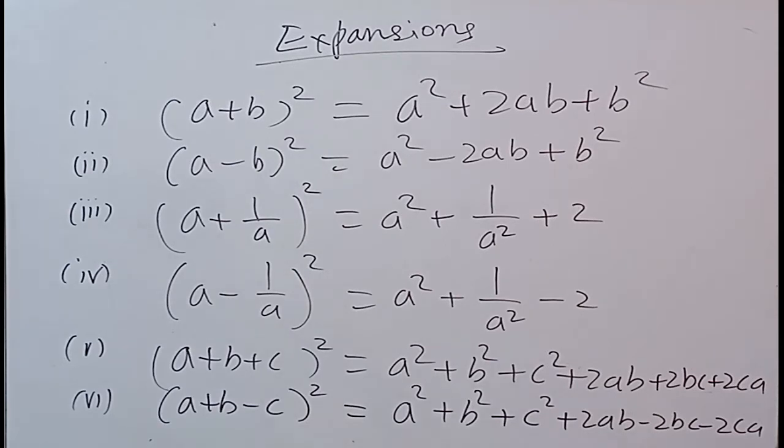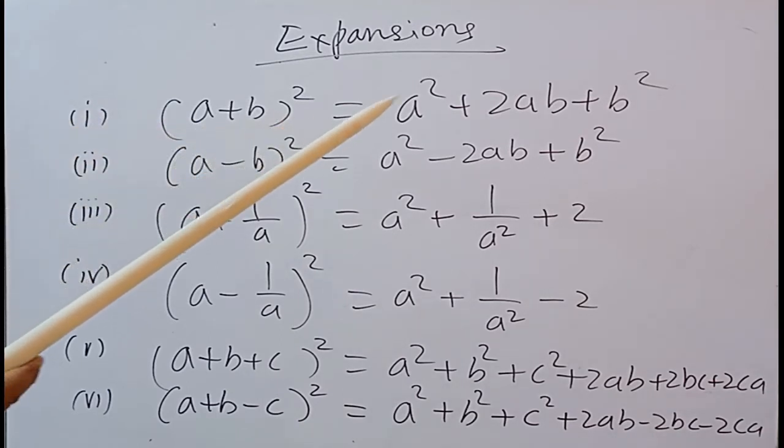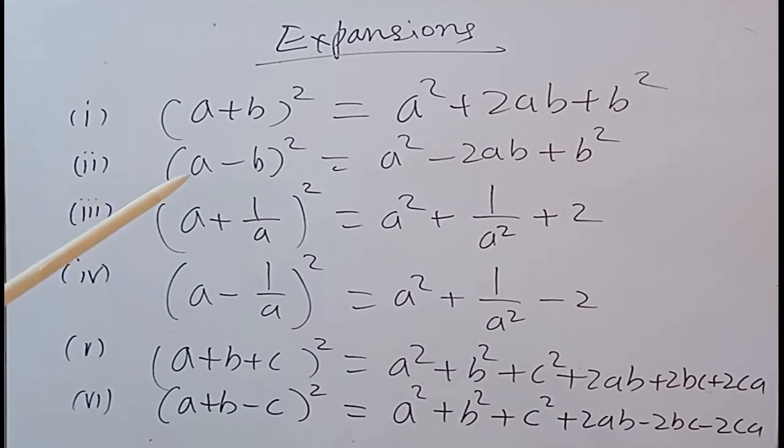Here are the formulas: (a plus b) whole square equals a square plus 2ab plus b square; (a minus b) whole square equals a square minus 2ab plus b square; (a plus 1 upon a) whole square equals a square plus 1 upon a square plus 2; (a minus 1 upon a) whole square equals a square plus 1 upon a square minus 2; (a plus b plus c) whole square equals a square plus b square plus c square plus 2ab plus 2bc plus 2ca.